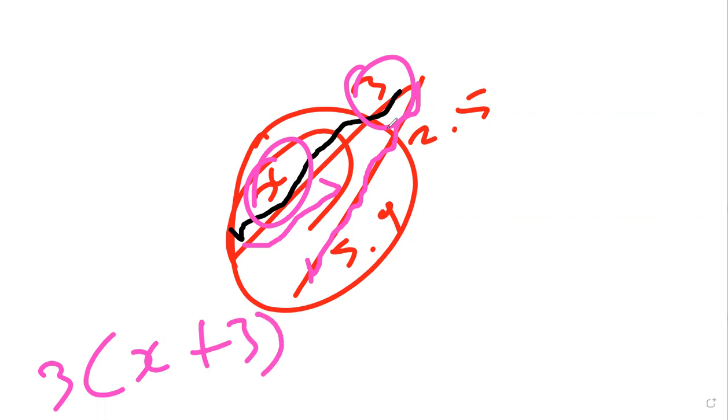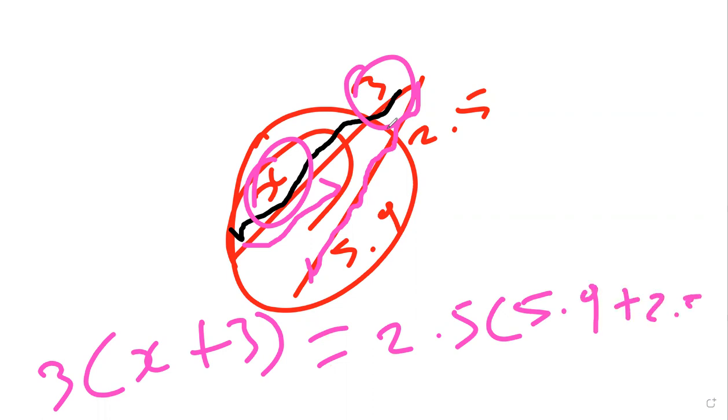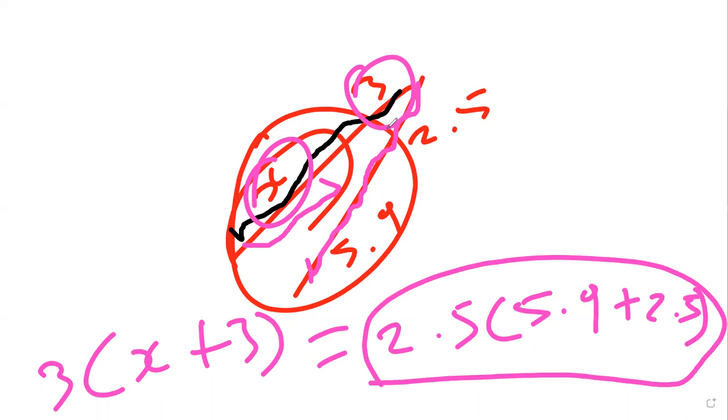So my out is 3, times what's my in? X, is equal to my out part, 2.5, times my in part, 5.9 plus 2.5. If I simplify all of this, I get 21.